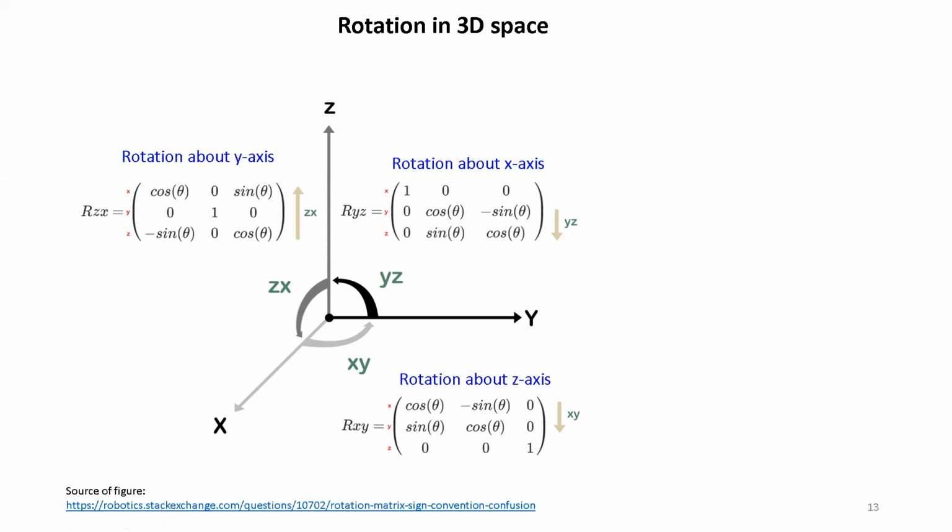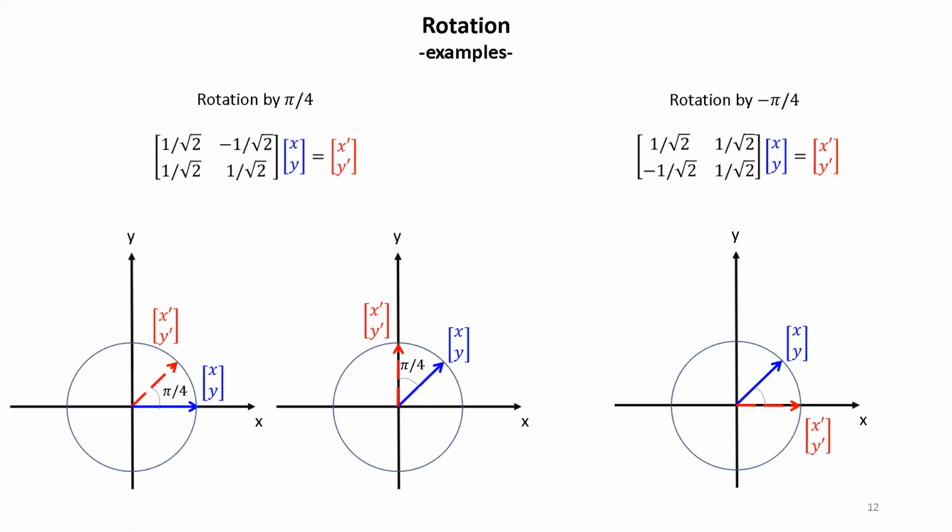Rotation in three-dimensional space is more complicated than in two-dimensional space, because in two dimensions it is understood that the rotation axis is pointing out of the paper, perpendicular to the XY plane. That's the only choice you can have for the 2D case.